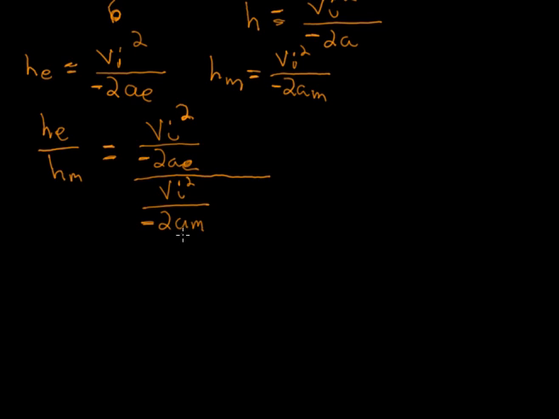Now what's nice about a comparison like this is the vi's we said were the same, so they'll cancel on either side of my fraction, and the negative 2's cancel. And so what we're left with is the height of the Earth, the height this object will go when thrown from the Earth, and the height on the Moon is 1 over ae.